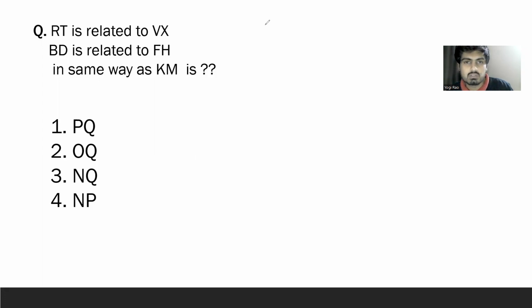Since we are good with numbers, it will be easy. R is 18 and T is 20, whereas V is, as I told you, we have to remember U is 21, so next to U is V, that will be 22, and X will be 24.